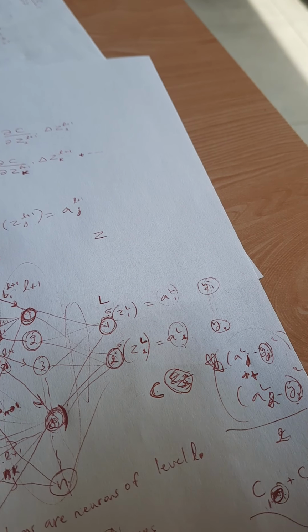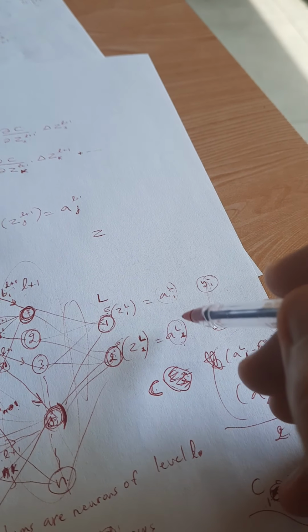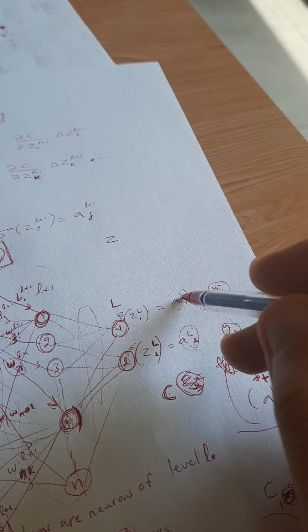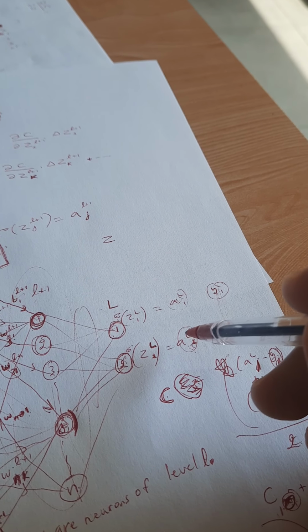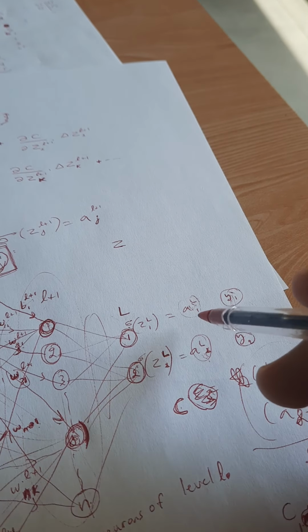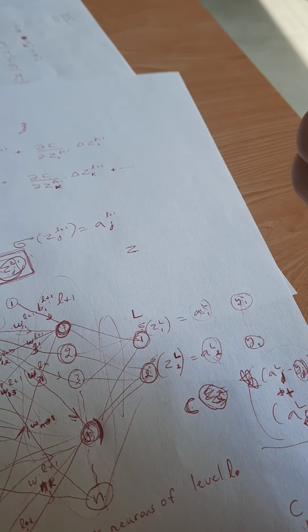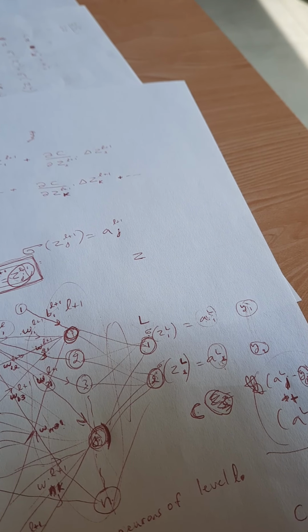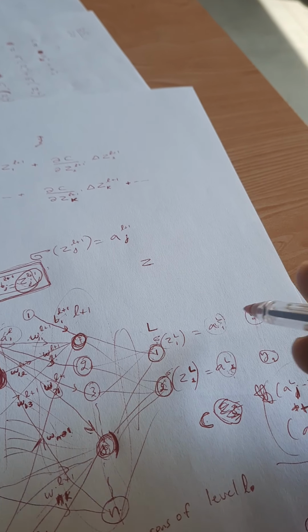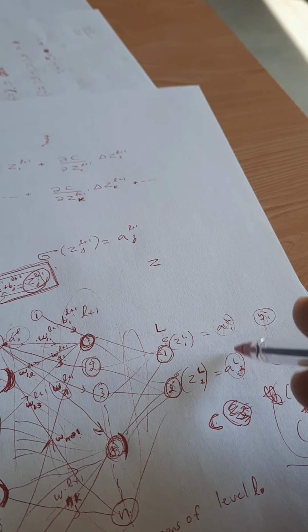So we can consider these two as variables, and I think it's not wrong to consider them as independent variables, because really each one can be considered as a function.